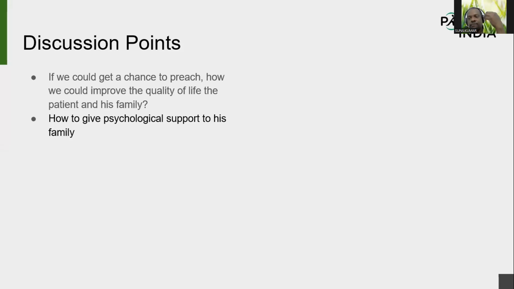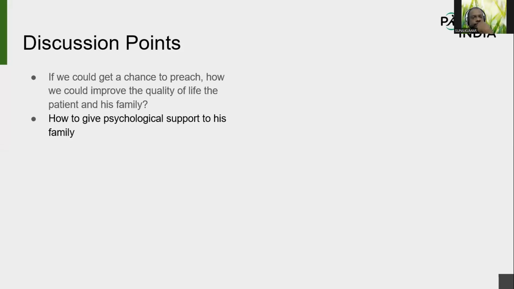Maybe you were telling that even though the patient had pain relief, the pain score was 7/10. So that might be one area which we could have improved very easily.